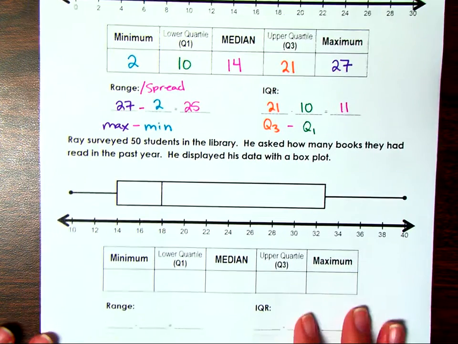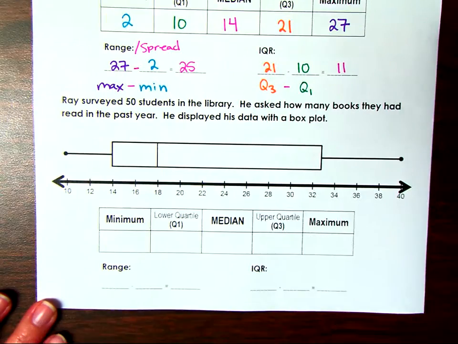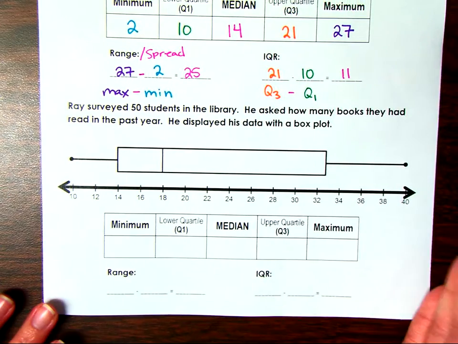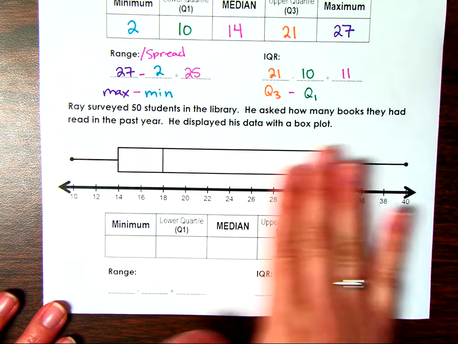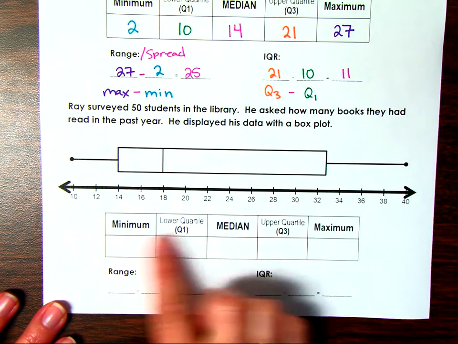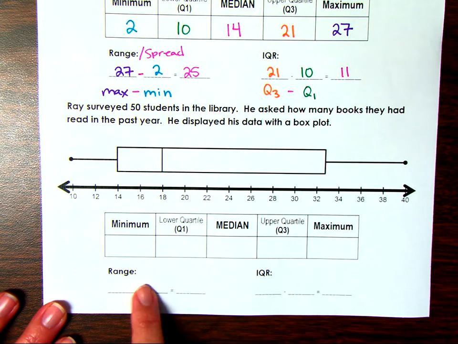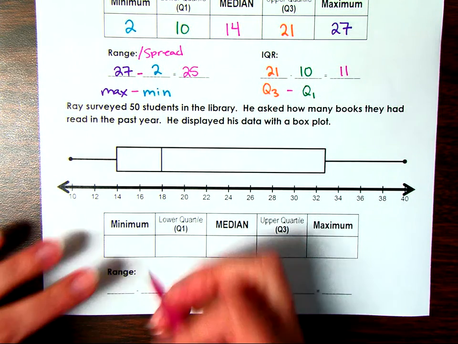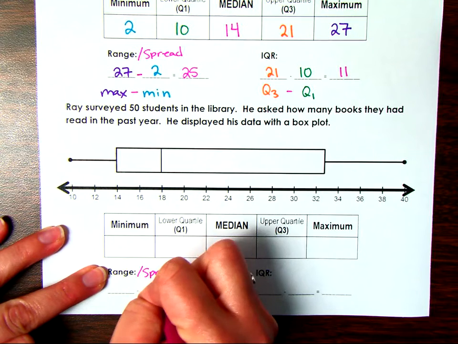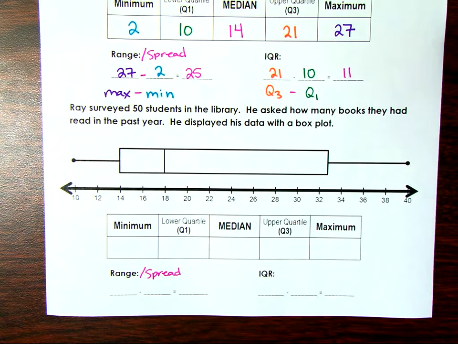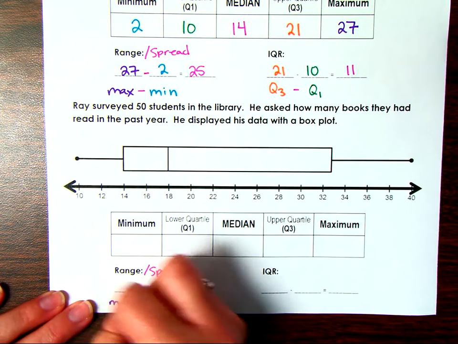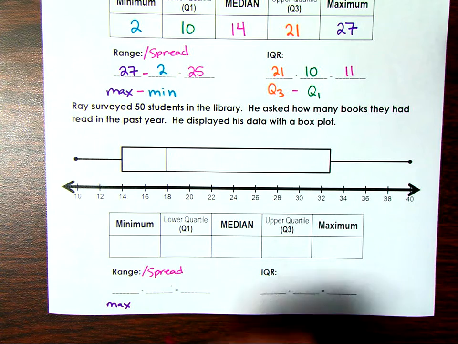Let's do one more together and then get you guys some independent practice. Basically we need to understand that 5-number summary to find our range or spread, and then our IQR. So we'll say range or spread. Remember, the range is the maximum minus the minimum.